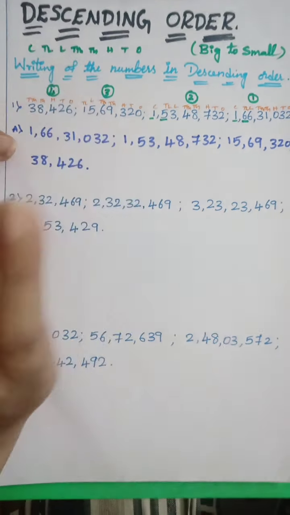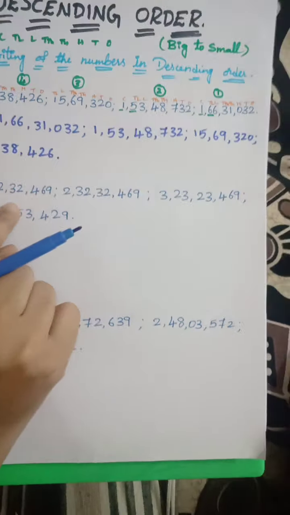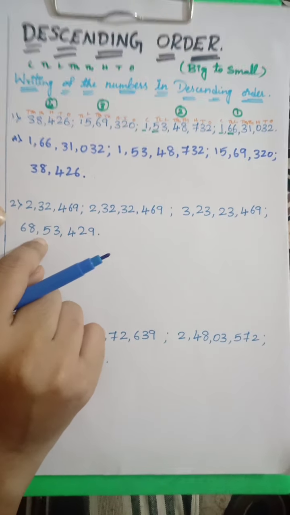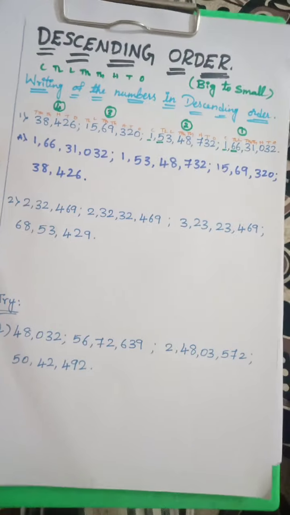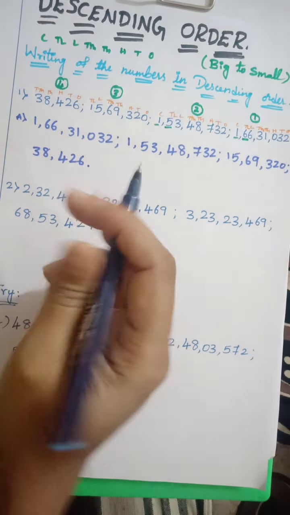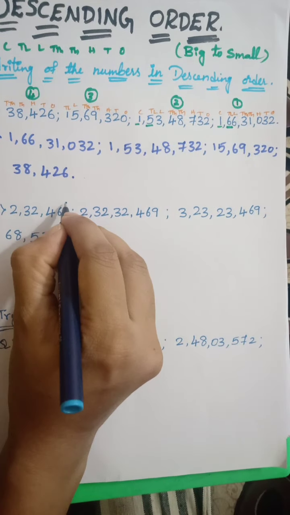In the same way you can try. Now I want you to sit with the pen and paper. Please copy this question and solve along with me. First thing we have to do is writing of place values.